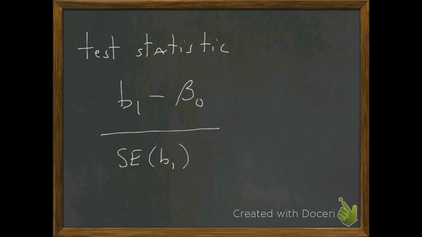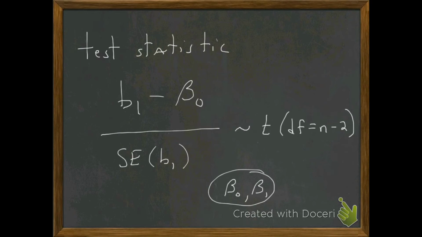It turns out that this test statistic follows the t-distribution of degrees of freedom n minus 2. And you should know by now why we have degrees of freedom n minus 2, because we had to create estimates for beta 0 and beta 1. So we had to create 2 estimates for values that we're using in our calculations. So we have to control for that, if you will, and use n minus 2 degrees of freedom.